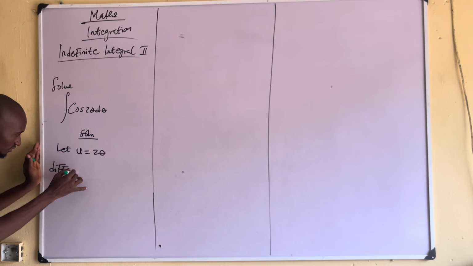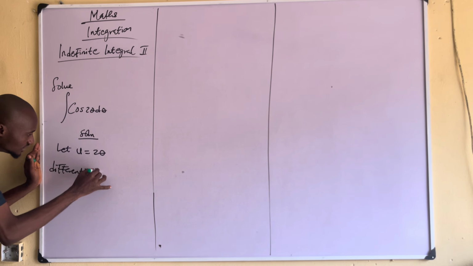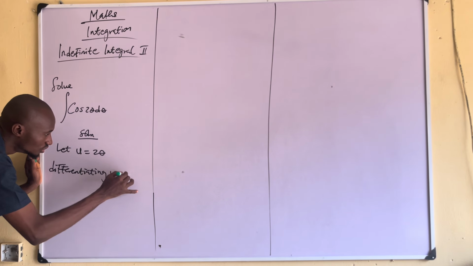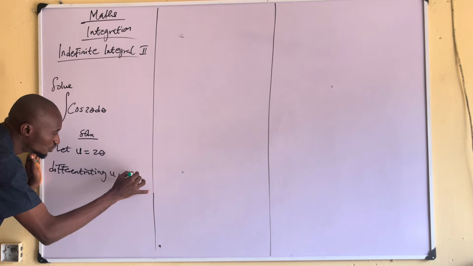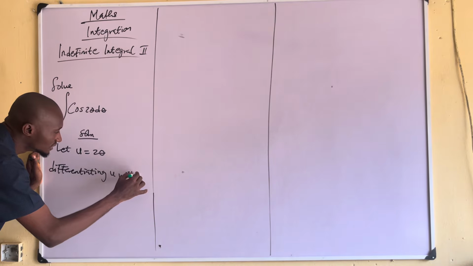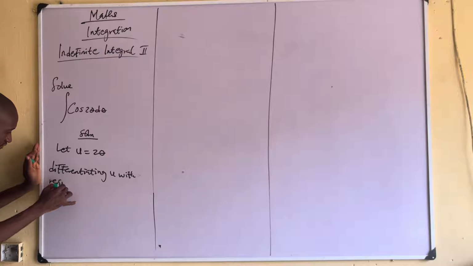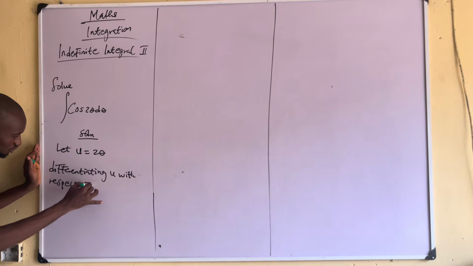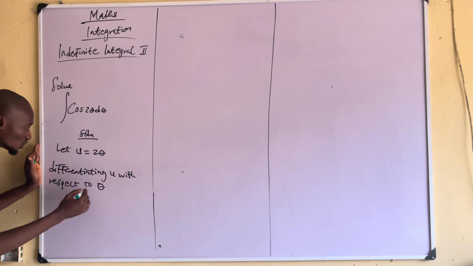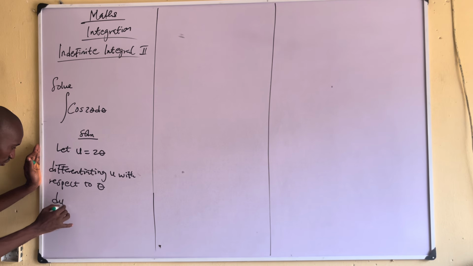The next step, you say, differentiating u with respect to theta. So you say du d theta will give you 2.